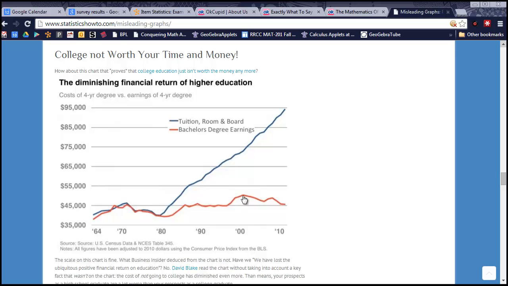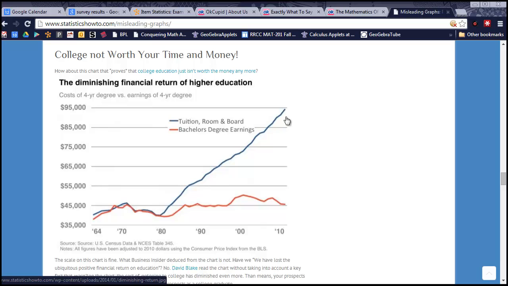This red line is the average earnings from having a bachelor's degree based on the year, and the blue line is the tuition or cost of a 4-year degree. There are various issues with this graph, and you can read the article about it, but in particular, the average salary for a bachelor's degree is something that you would keep earning for the whole rest of your life, whereas the average cost of a 4-year degree is only going to be for those 4 years.